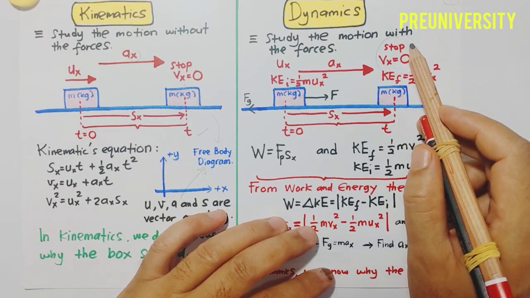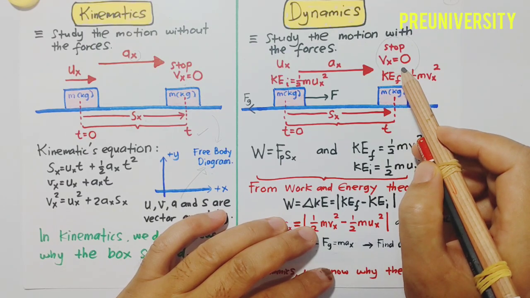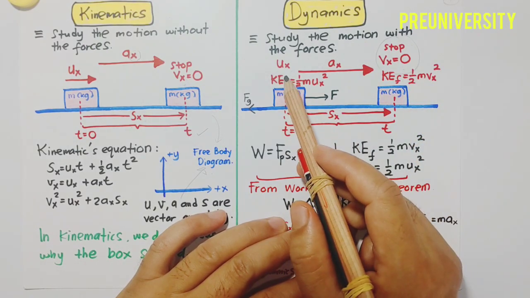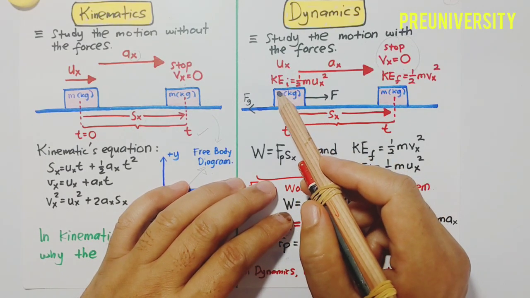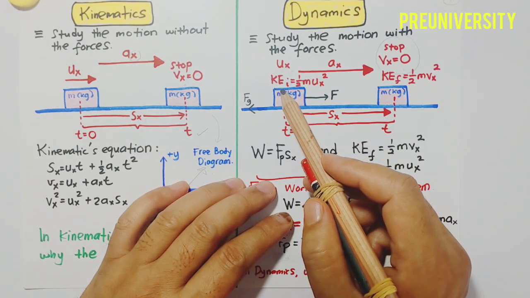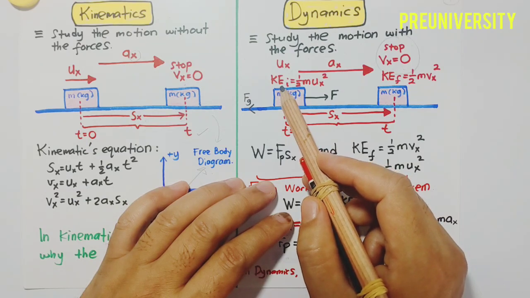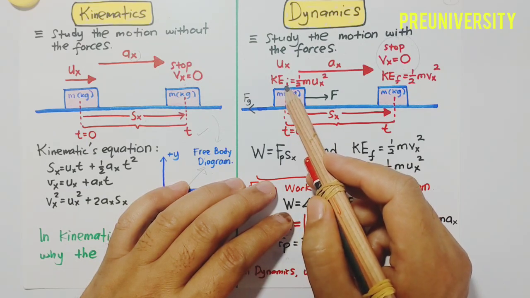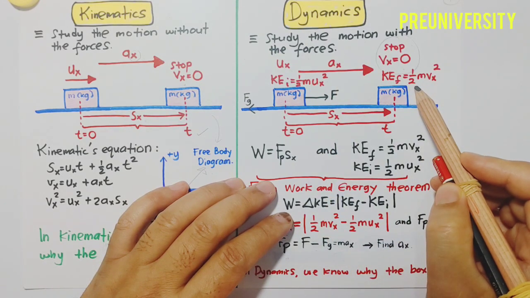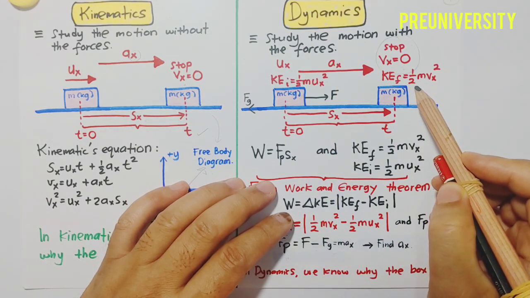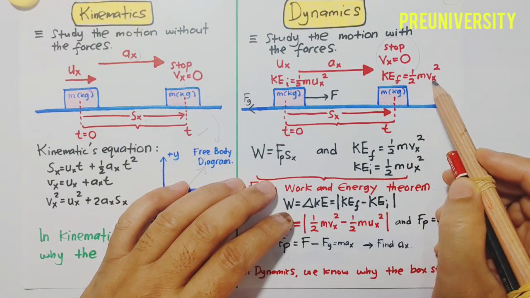Because we need to consider the forces, we have the kinetic energy here. The initial kinetic energy is half m ux squared, and the final kinetic energy is half m vx squared.